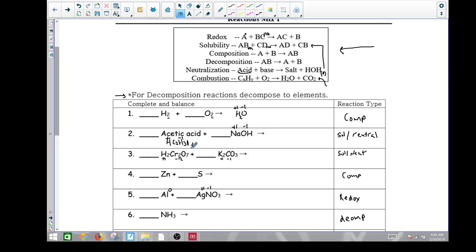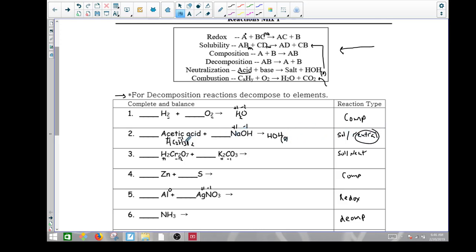Next one. Okay, so we're going to write this out, just swapping cations and anions. So H and the OH go together, and this is going to be liquid water right away. That's a common mistake. This is a neutralization reaction.